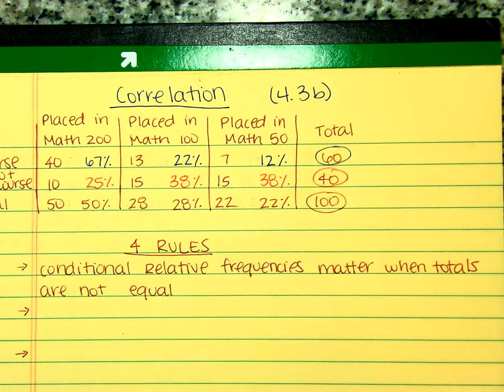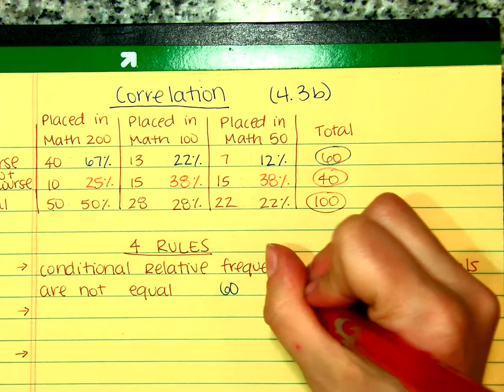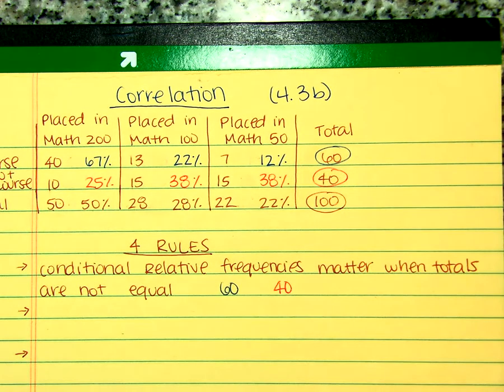Okay, and what I mean by that is 60 and 40, these are our 2 marginal frequencies, they are not equal.